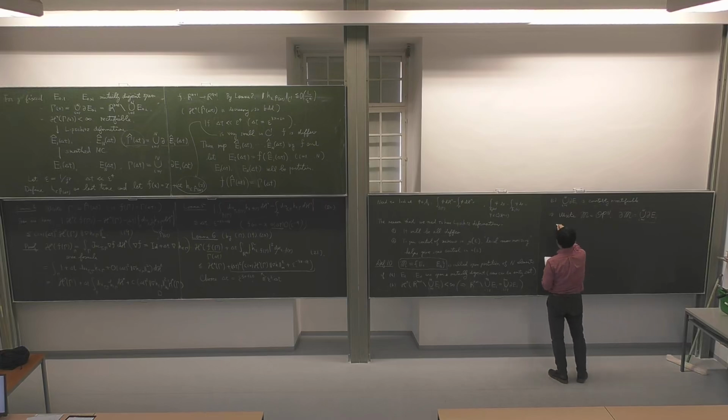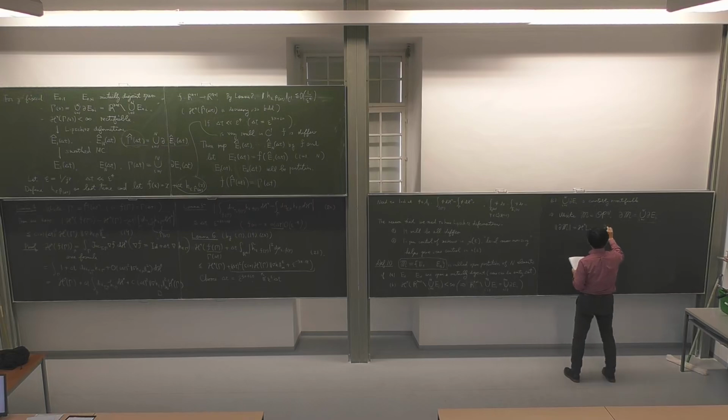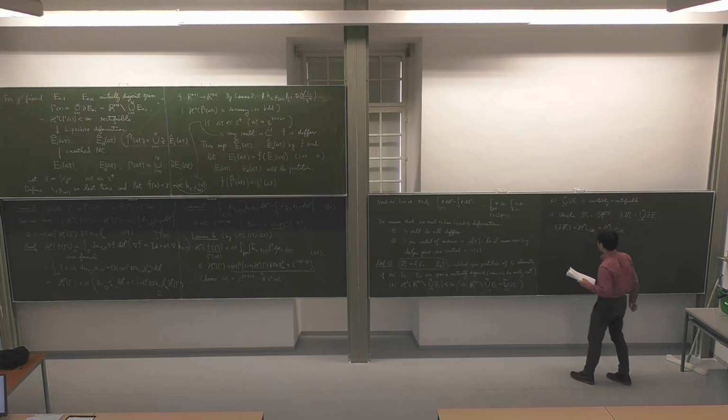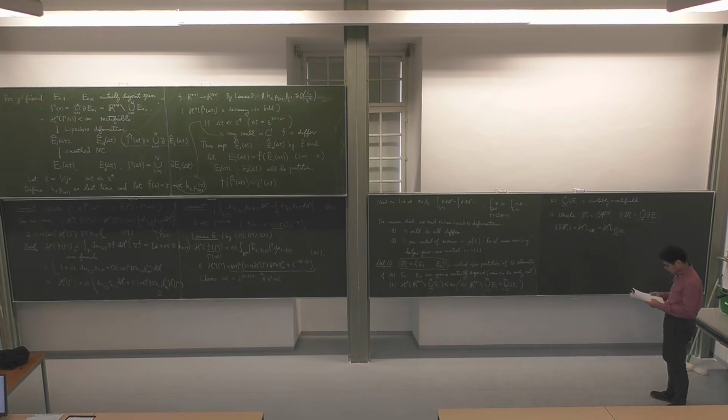So that means if I write this, that's Hn of this M, which is Hn of n of EI. This is just a notation.